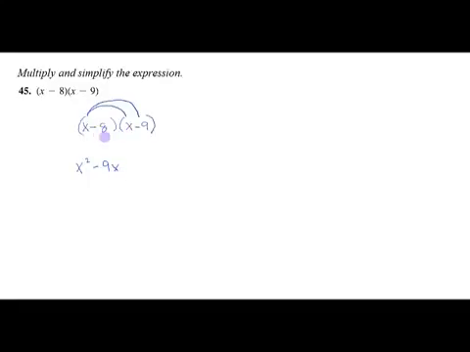Negative 8 times x is negative 8x. That was the inside. And my last terms, negative 8 times negative 9 is positive 72. Now I have like terms in the middle that I can put together. That would give me x squared minus 17x plus 72.